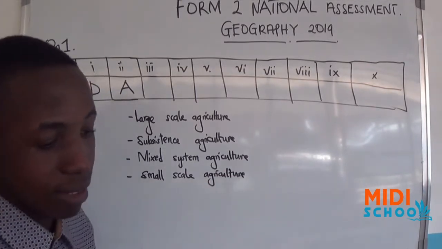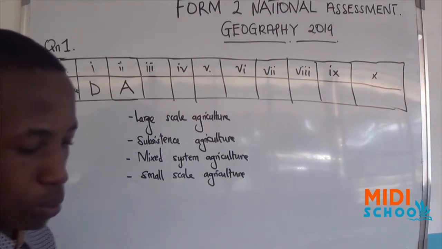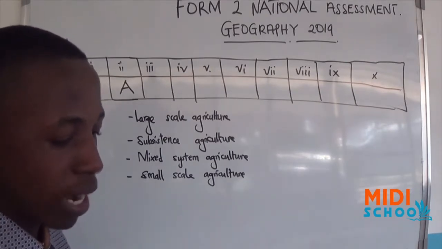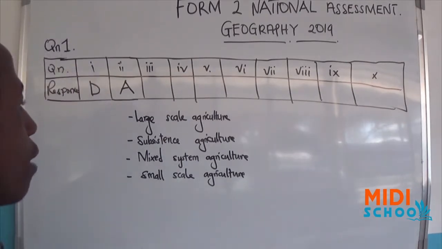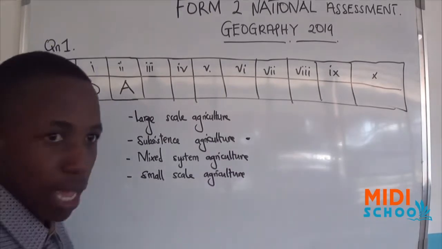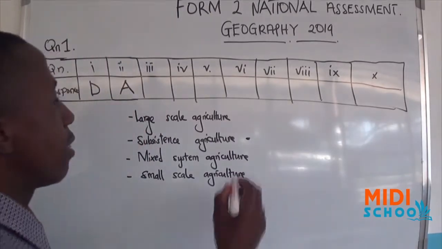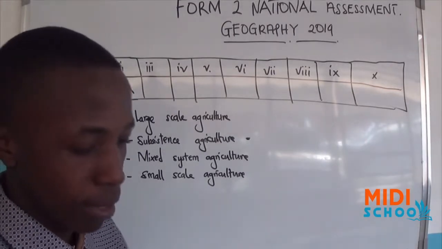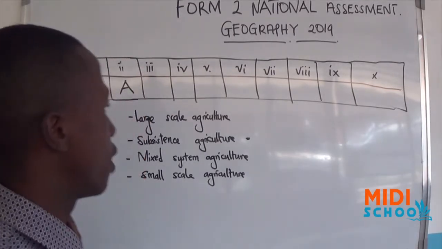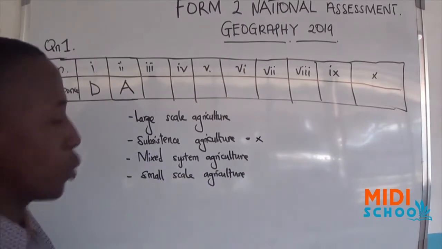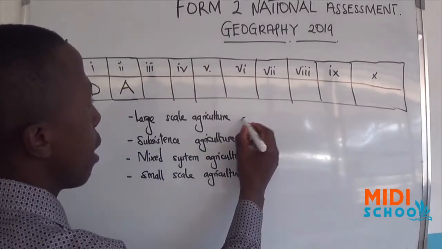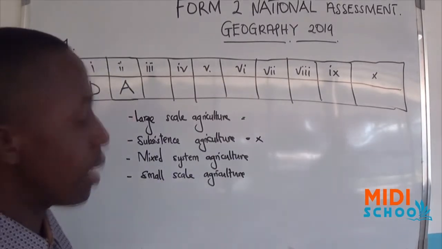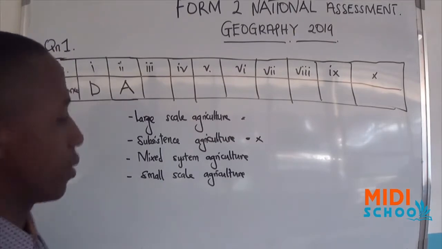Our question asks: the cultivation of cash crops based on application of advanced technology is called. For subsistence agriculture, as I've said earlier, this involves the cultivation of food crops specifically for food. So this is not true, but B is large-scale agriculture. Exactly.